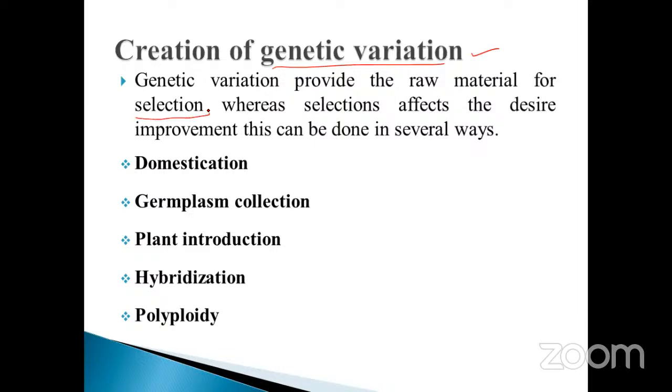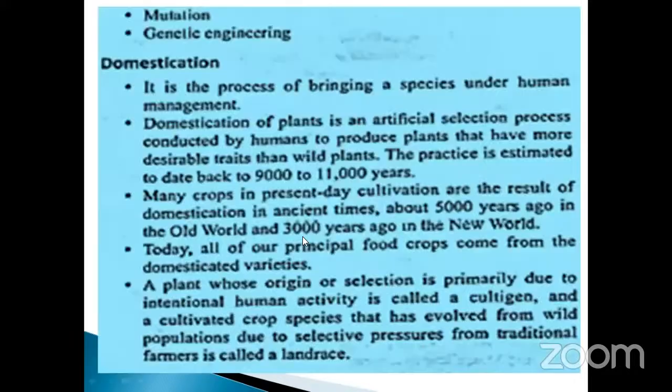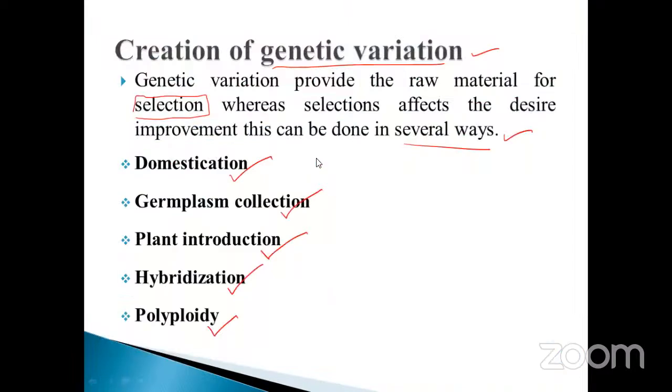Selection is the first process, and then only you can improve it. It can be done in several ways. What are the methods used for genetic variation? See that: domestication, germplasm collection, plant introduction, hybridization, polyploidy. Okay. So next, see, mutation, genetic engineering. The selection process is there.